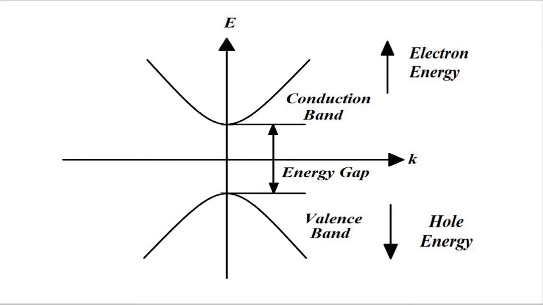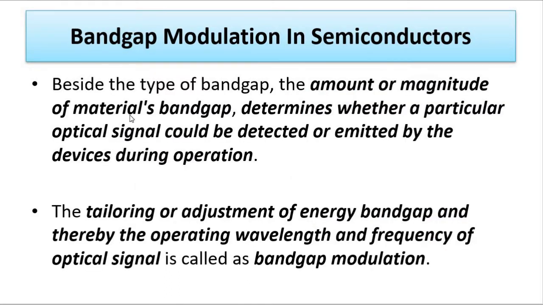Different methods are used for adjustment of this band gap energy, and that process is called band gap modulation, where the magnitude of the semiconductor material's band gap is adjusted according to the requirement. Also, band gap energy affects the operating wavelength or frequency of the light signal. So that's why it is also very important.